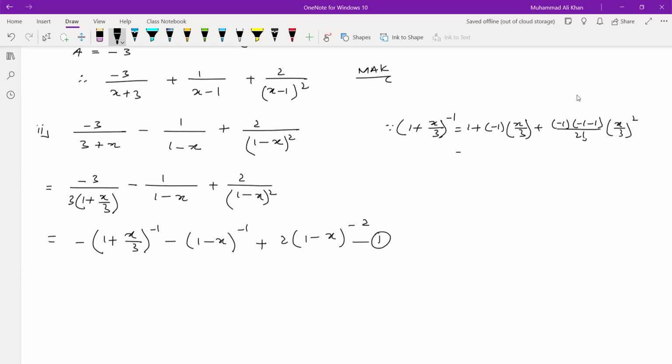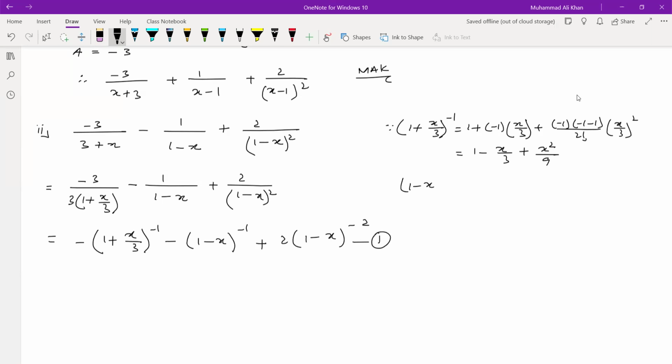So it will be 1 minus x over 3. This will be minus 1 times minus 2, minus 2 into minus 1 is 2. 2 and 2 cancel out. So plus x square over 9. Any confusion? Clear? Now, next one.